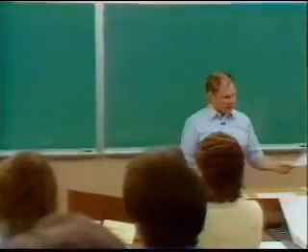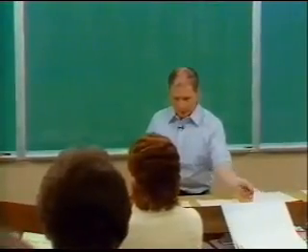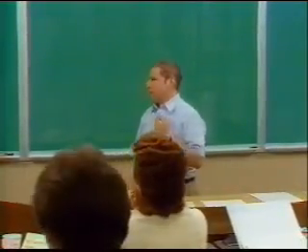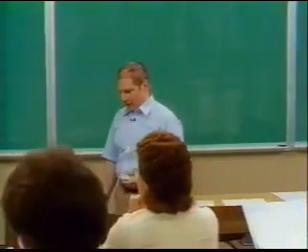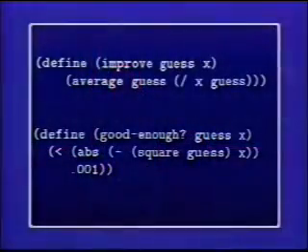We have to say, how is a guess good enough, and how do we improve a guess? So let's look at that. The algorithm to improve a guess for the square root of x, that was the algorithm, we average the guess with the quotient of dividing x by the guess. Right, that's how we improve a guess.